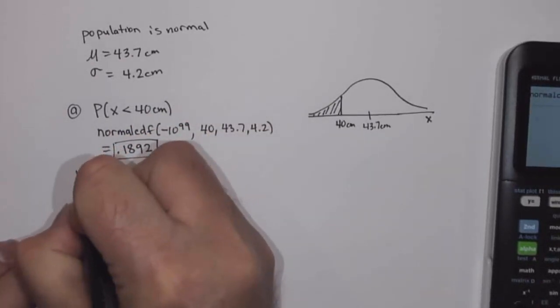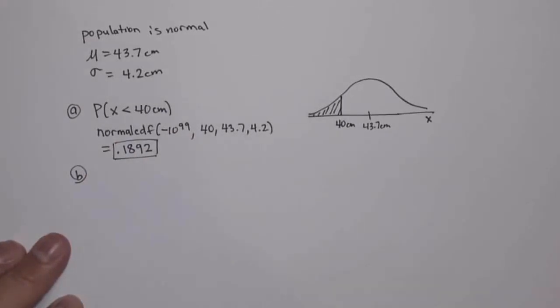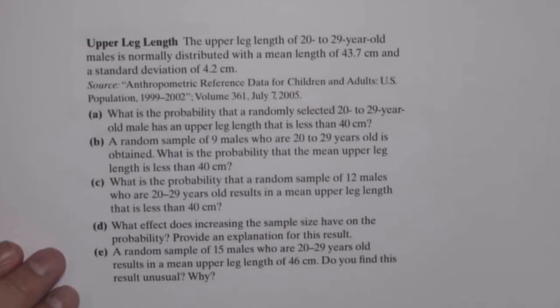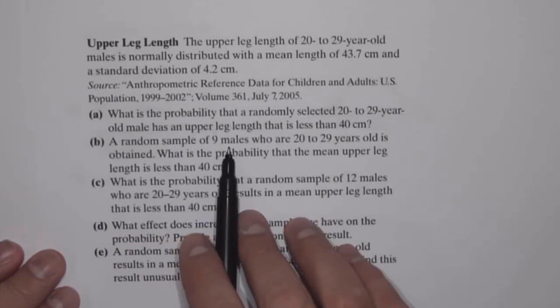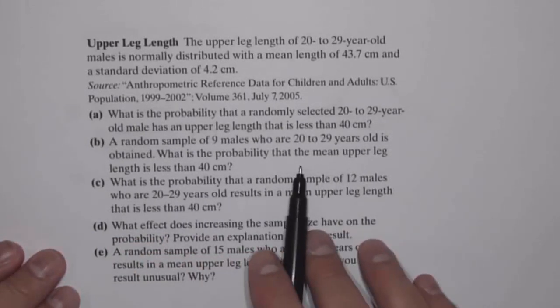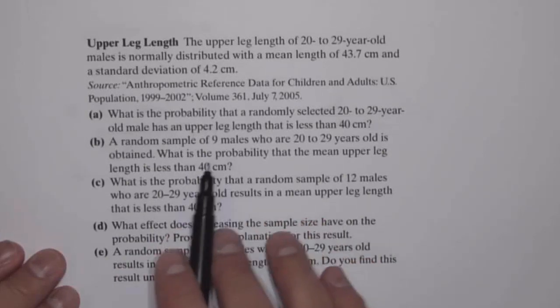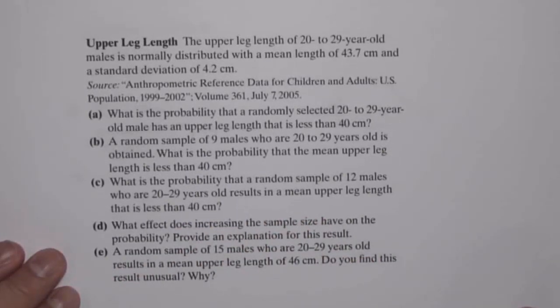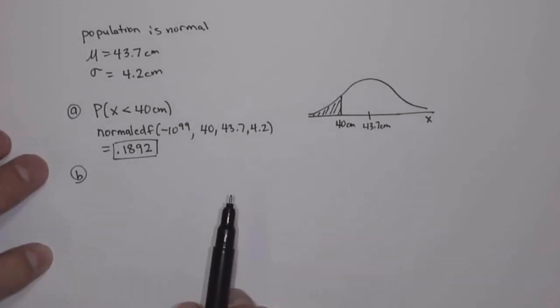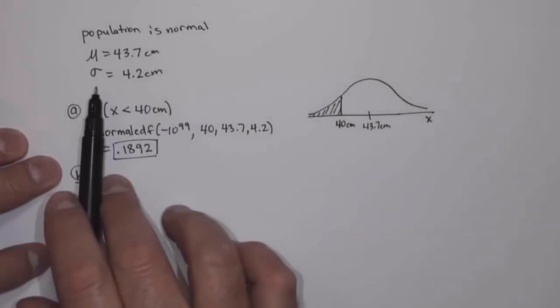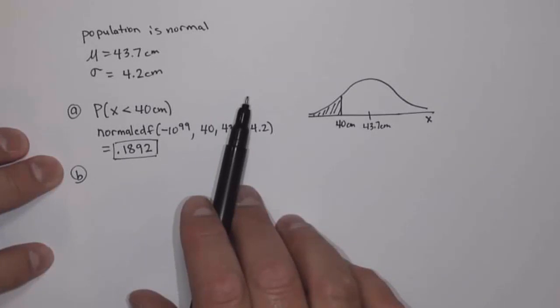So in part B, to revisit, we're picking a random sample of 9 males. And the question is, what is the probability that the mean of these 9 males will be less than 40 centimeters? So how is that different? Well, it's different because we're talking about a different probability distribution.